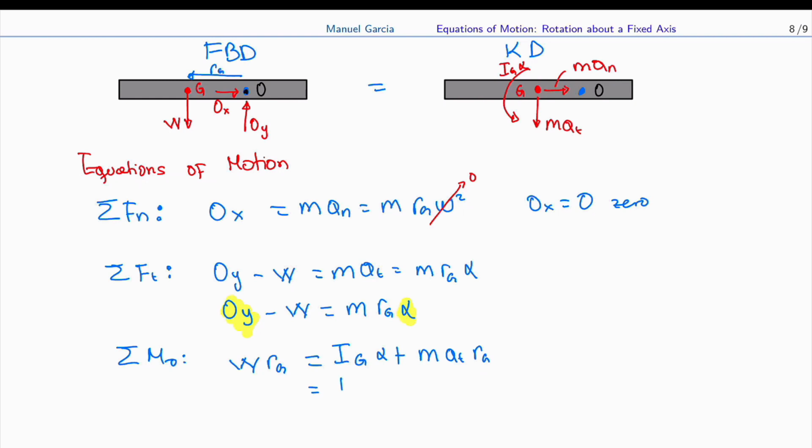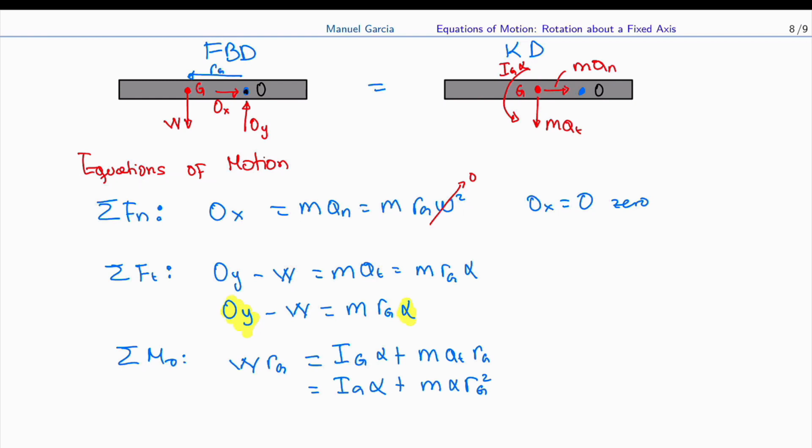So this is Ig, the moment of inertia with respect to the center of mass, multiplied by the angular acceleration, plus mass multiplied by the tangential acceleration, which is alpha multiplied by Rg, and multiplied by the second Rg is Rg squared.